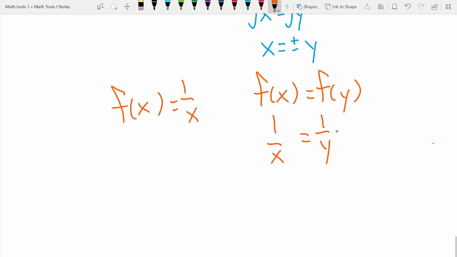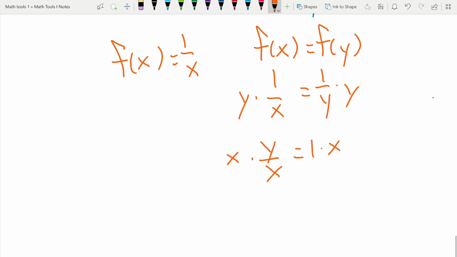And to solve this, well, we'd have to multiply both sides by y. So we get y over x equals 1, and then multiply both sides by x. So we get y equals x. In other words, x equals y. Okay, so we do get a unique answer here. So there's no operation that is introducing multiple answers. That's what would cause us issues.